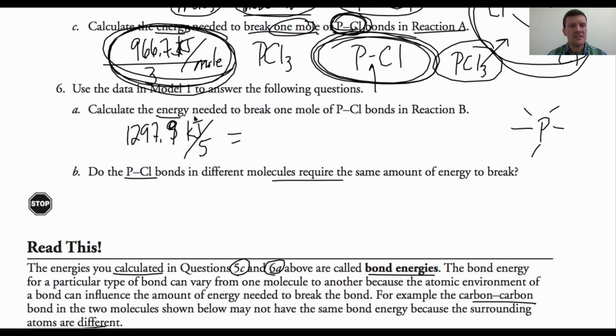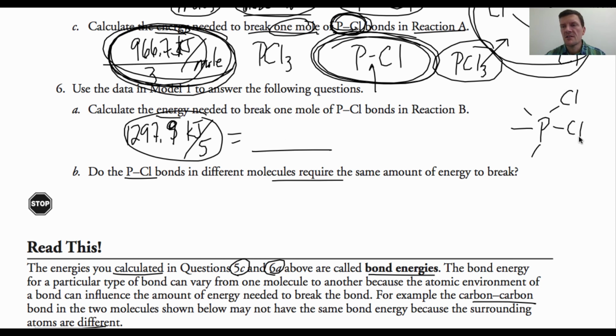So if you take 1297.9 divided by 5 and you compare that to your 966.7 divided by 3, you're going to find that you're not getting exactly the same number. They're kind of relatively close, but it's not exactly the same number.